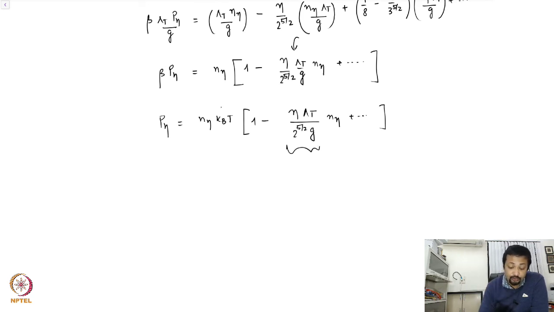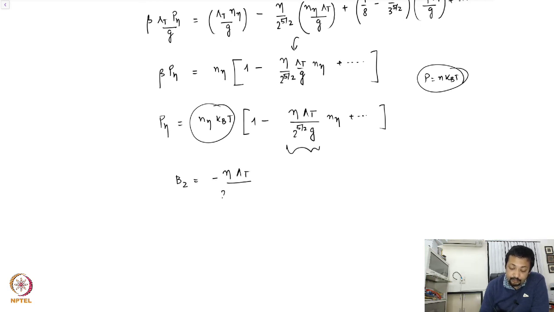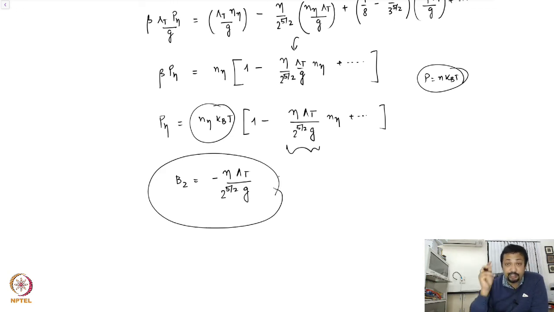It's a correction over the ideal gas equation P equals n k_B T, and that correction B2 is minus η λ_T over 2^(5/2) g. It's an identical correction to what we obtained in the canonical ensemble, except that there's an additional factor of g which we could have also taken care of there, but we did not. Now we have done it explicitly in this case.